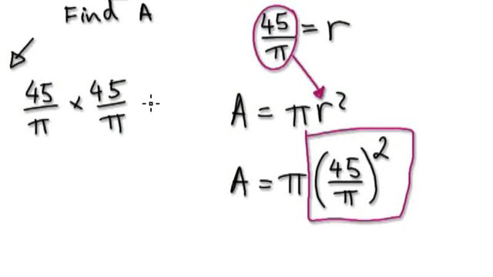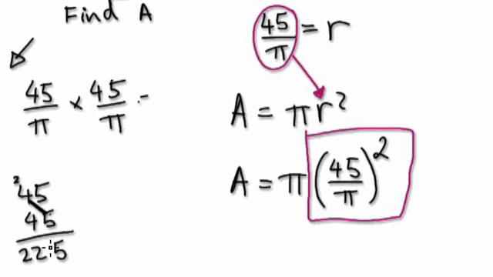Okay, so now it's top times top. What's 45 times 45? Let's see. 5 times 5 is 25. So you carry the 2. Now 5 times 4 is 20. We carried the 2 earlier, so it'll be 22. Now this is 20. Carry the 2. 60. 4 times 4 is 16. 17, 18.